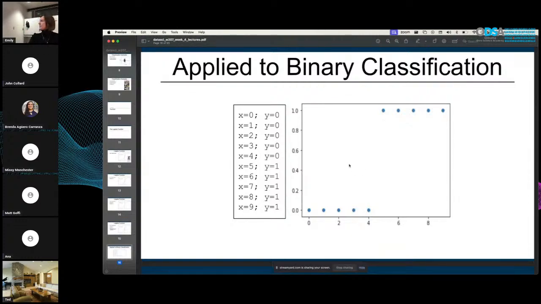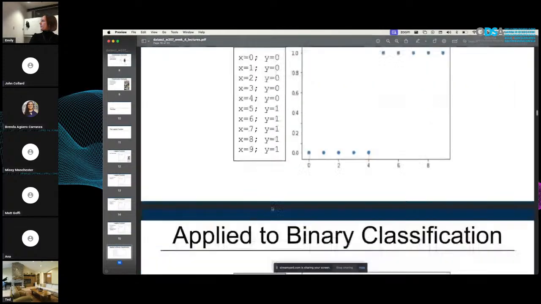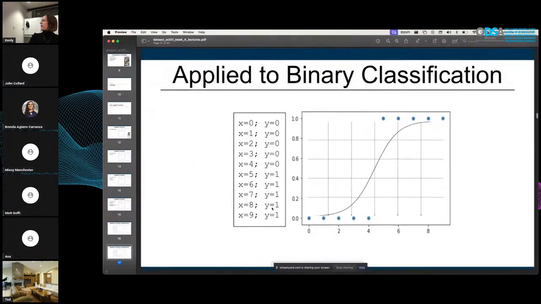So if we look at this binary classification problem, where we had this x data set, which were numbers that ranged from 0 to 9, and they each had a y value associated with them, either 0 or 1, we can apply a sigmoid function here, and suddenly we have a way of mapping these input values to probabilities.